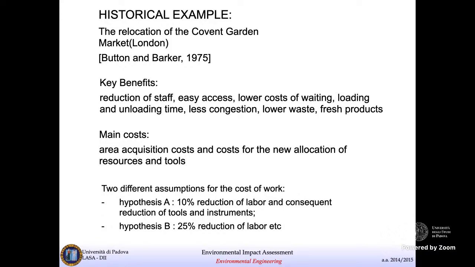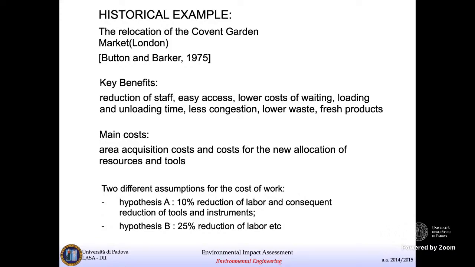The main costs are the acquisition of the area and the cost for the new allocation of resources and tools, so for the services that have to be implemented in order to make the system work.